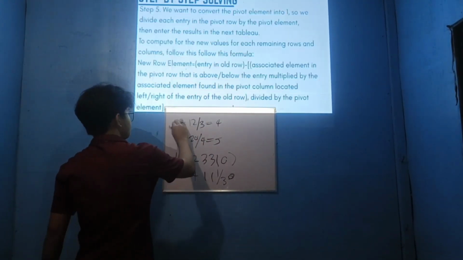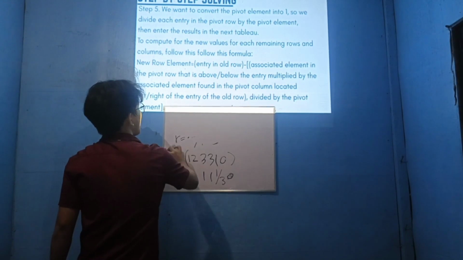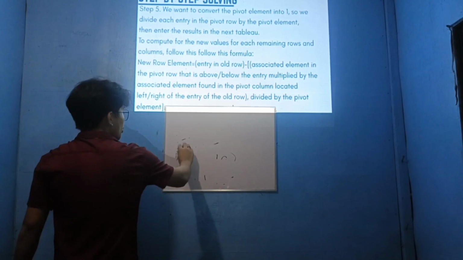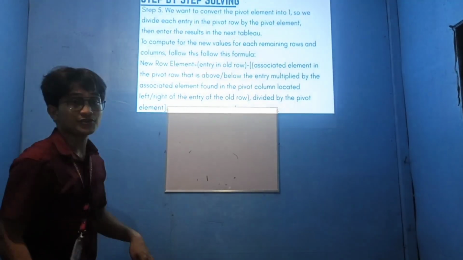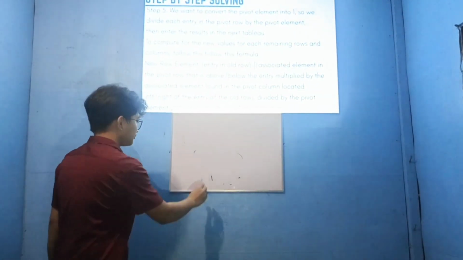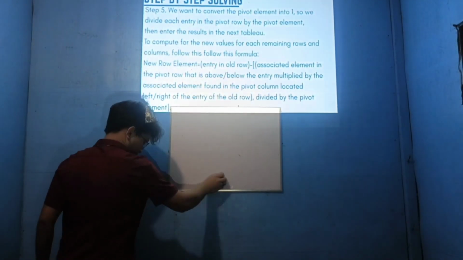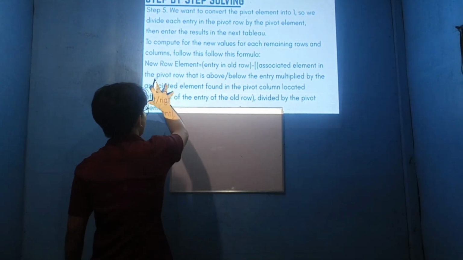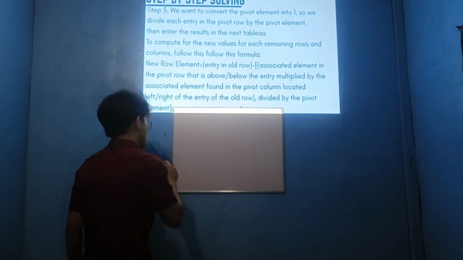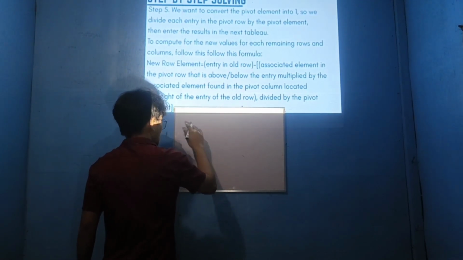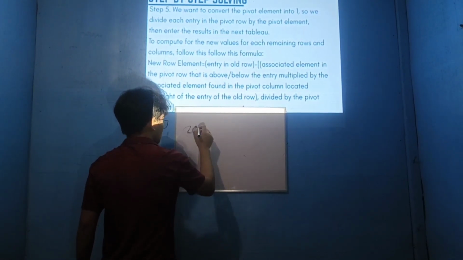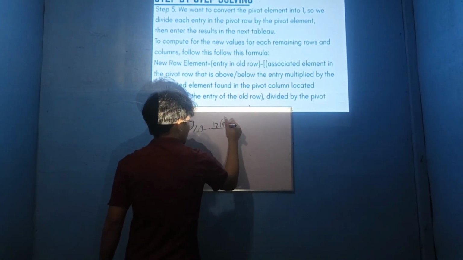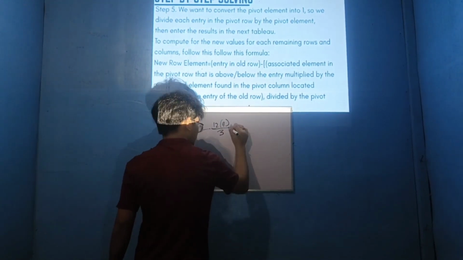For step 5, we want to convert the pivot element, so we divide each entry in the row by the pivot element, then enter the results in the next table. For step 5, we need to follow this formula. 20 minus 12 times 4 divided by 3 is equal to 4.